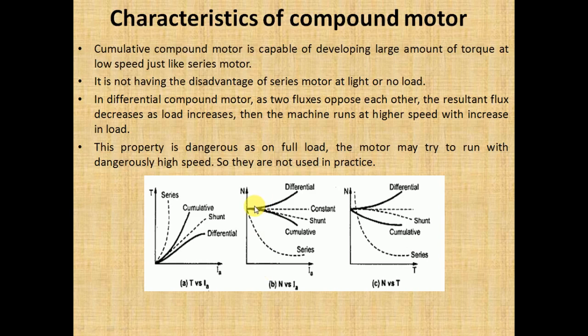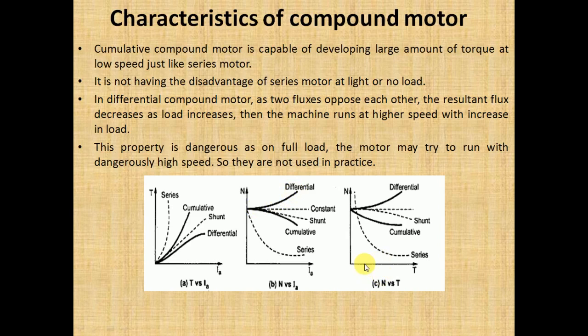From the standard relation of speed, you know very well that speed is inversely proportional to flux, that is, speed is directly proportional to EB by phi. In the differential compound motor, when you increase the value of IA, the magnitude of flux gets reduced. This causes the speed to increase further, as the speed is inversely proportional to the flux.